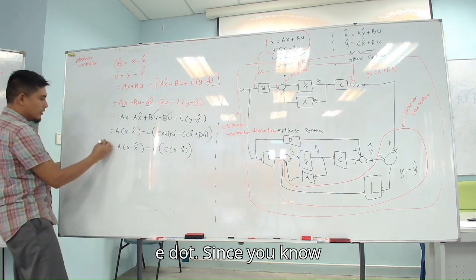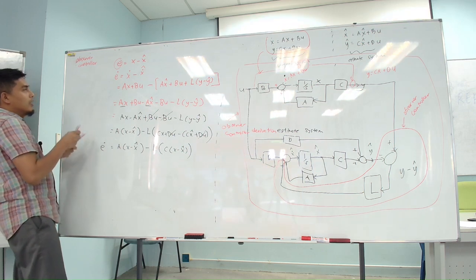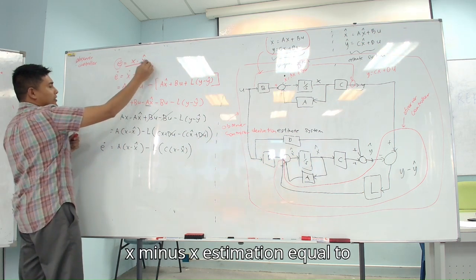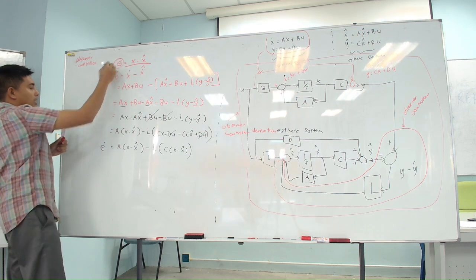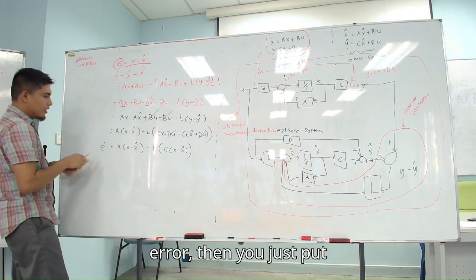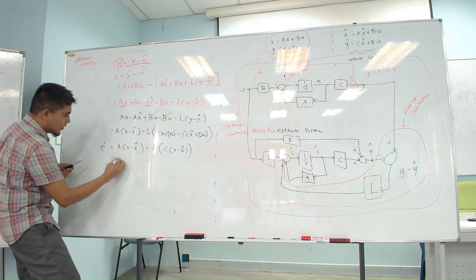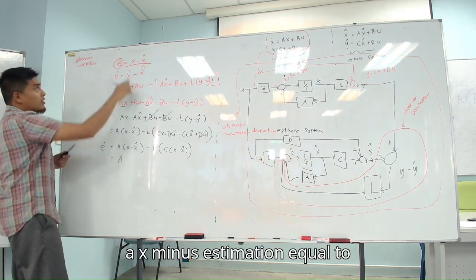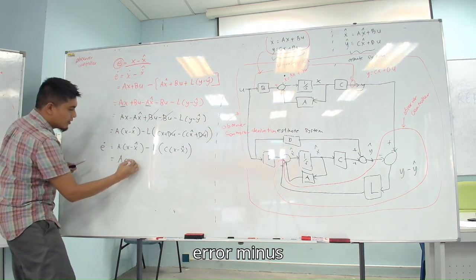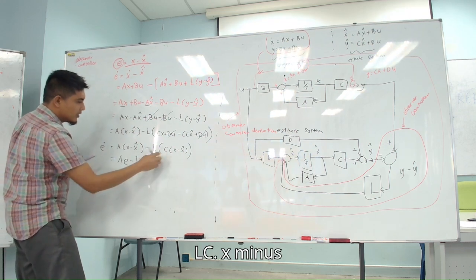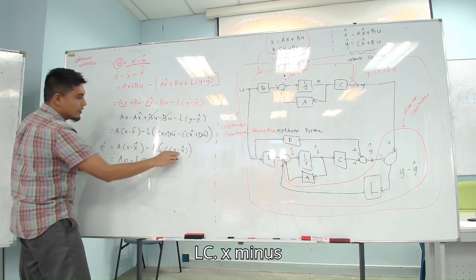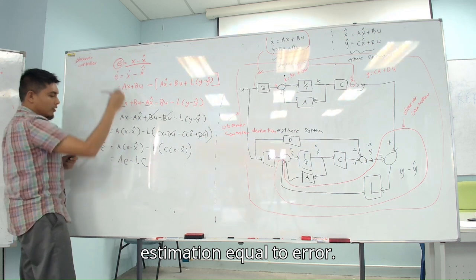E dot. Since you know X minus X estimation equals the error, you just put A times error minus L C times error.